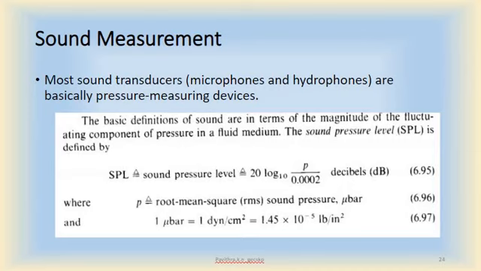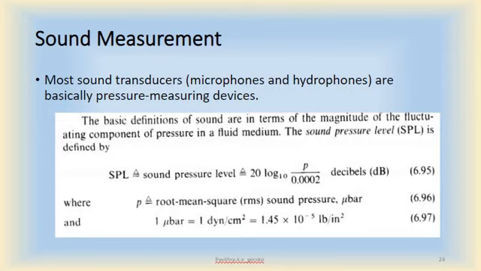Sound transducers, mainly microphones and hydrophones, are basically pressure measuring devices themselves. So what is sound? We can define sound in terms of the magnitude of the fluctuating component of pressure in a fluid medium.